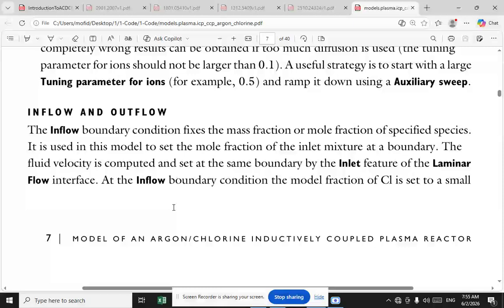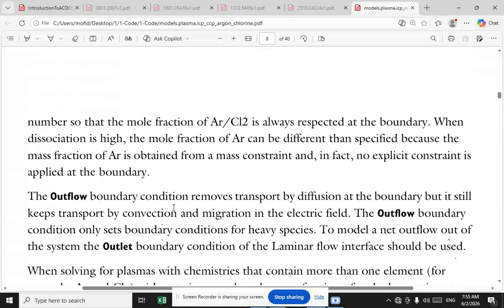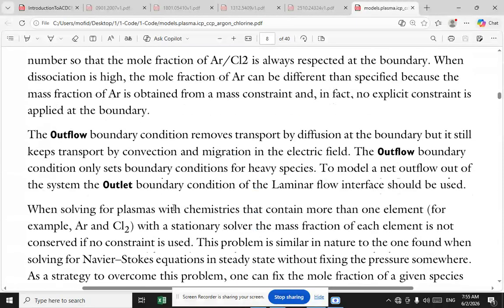At the inflow boundary condition, the mass fraction of chlorine is set to a small number so that the mole fraction of argon and chlorine is always respected at the boundary. When dissociation is high, the mole fraction of argon can be different than specified because the mass fraction of argon is obtained from a mass constraint, and in fact no explicit constraint is applied at the boundary.